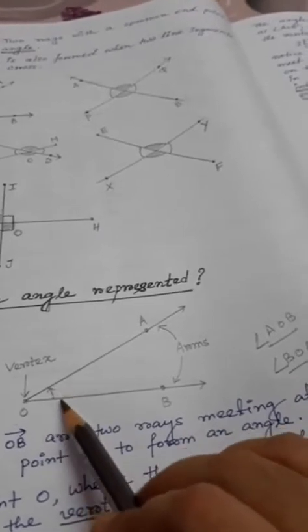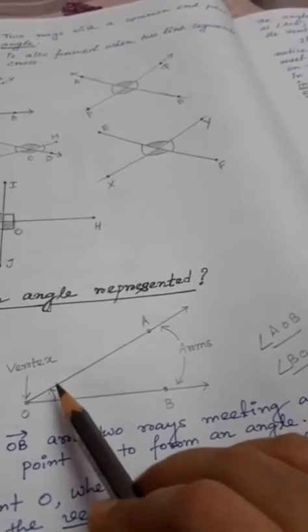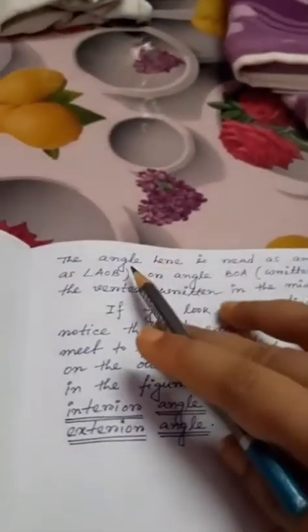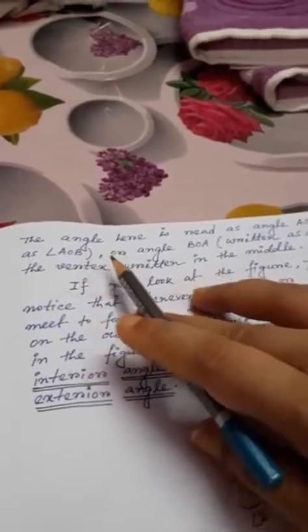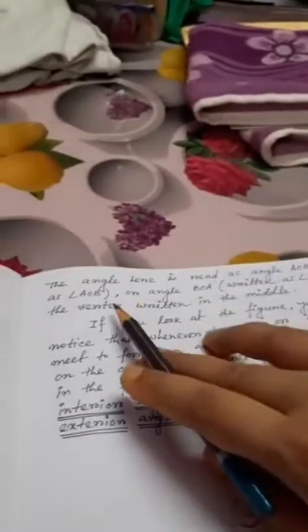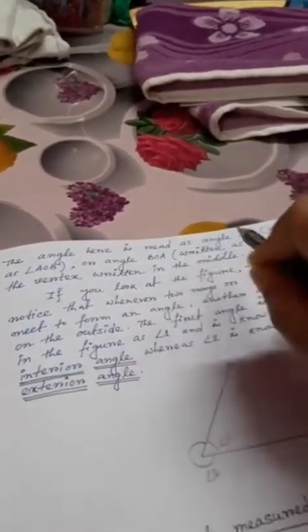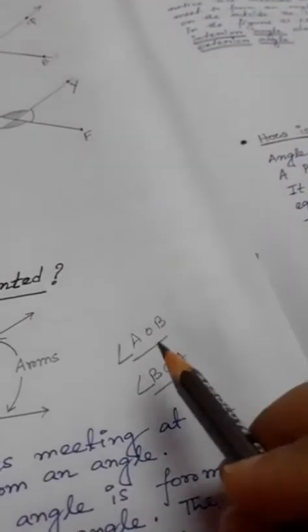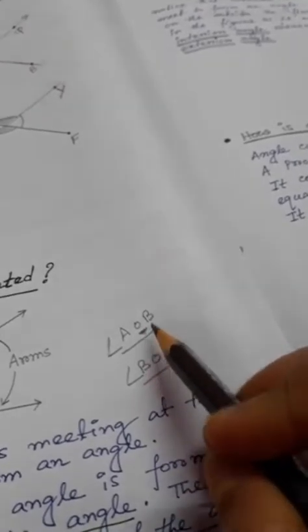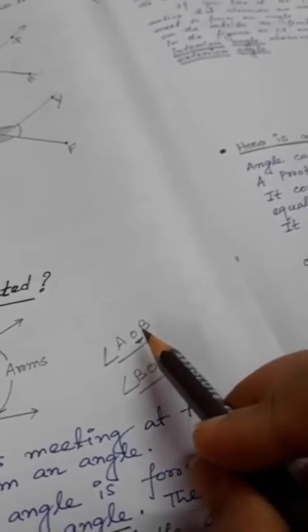Okay, the angle here is read as angle AOB, or angle BOA, written with the vertex in the middle. In both cases, AOB or BOA, the vertex, which is O, is written in the middle.